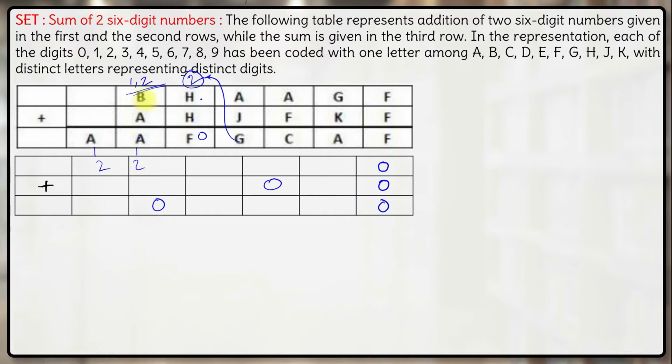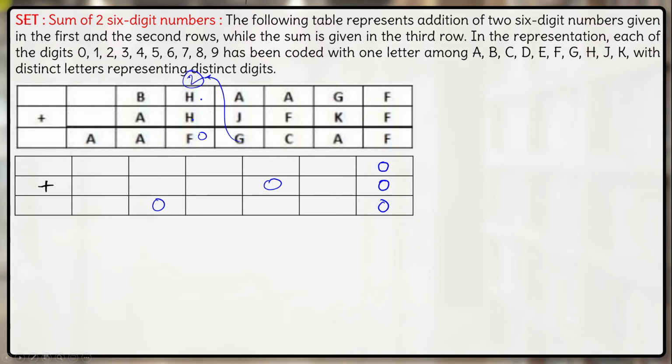You cannot have two single digit numbers plus 2 become equal to 33. Maximum sum of this can be 9 plus 9 is 18, 18 plus 2 is 20. So the maximum sum of these three numbers can only be 20. It cannot be more than 20, hence even 22 is also ruled out. That means the value of A has to be 1 1, or rather 1 over here. The value of A has to be 1 over here.